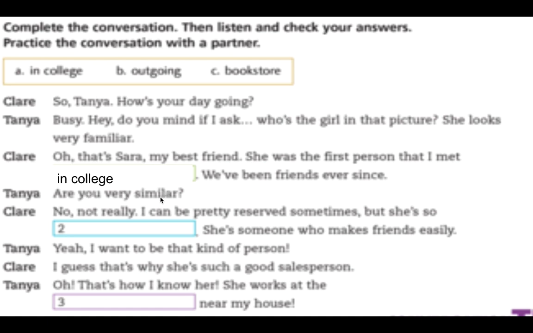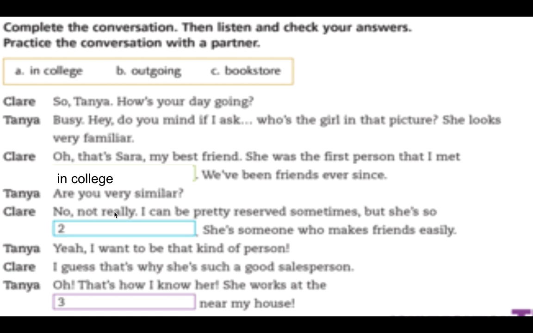Are you very similar? Similar. Okay, same is exactly the same. Similar means a little bit the same. So, are you very similar?